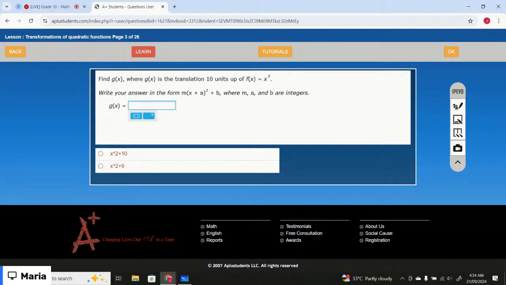Find g of x where g of x is a translation 10 units up of f of x equals x squared. So which is the correct option?